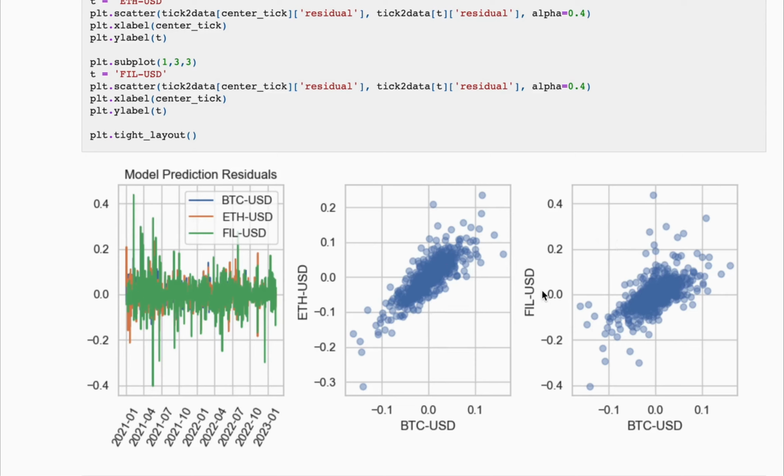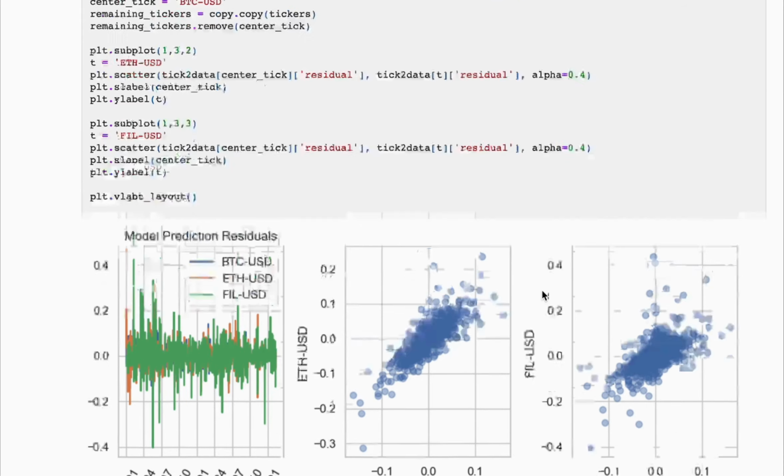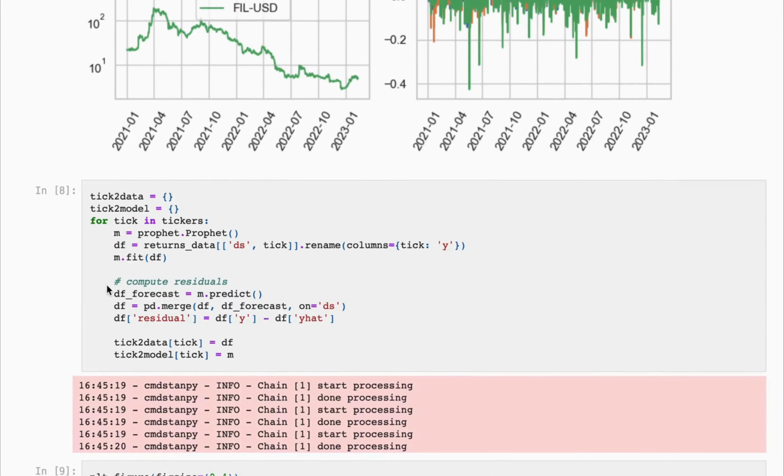In this example, what's happening is that the profit model, if we look at how it's used, is trained on a specific token. It's trained on the return data of a specific token, and then it predicts future returns for that specific token, right? And so it's doing it for each token independently. So it's doing it for Bitcoin, Ethereum, and Filecoin independently.